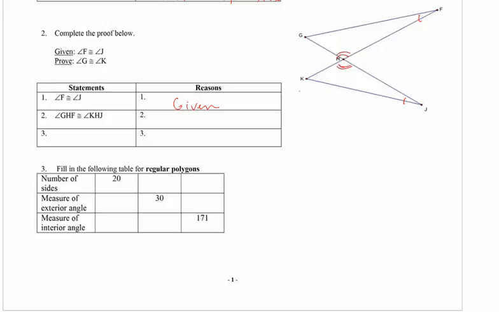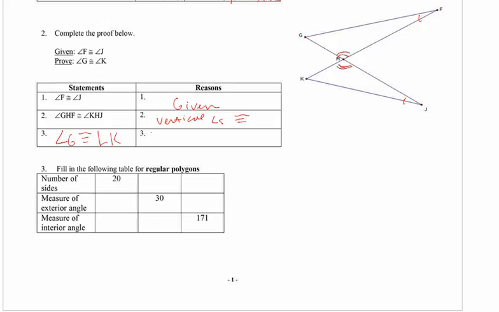We've seen this X so many times. When two segments or lines or rays cross one another like that, they create two congruent angles, and we call those pairs of angles vertical angles, and so our reason is going to be vertical angles are congruent.